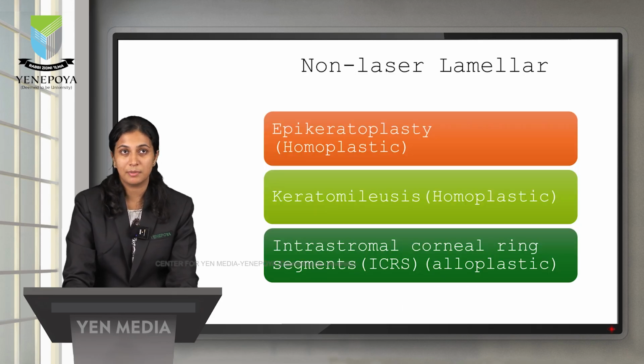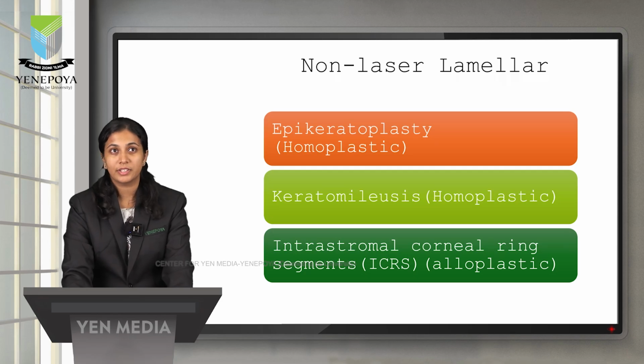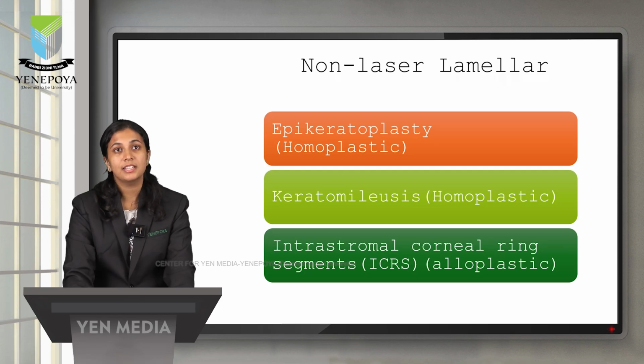Coming to non-laser lamellar, they are of three types: epikeratoplasty, keratomileusis and intrastromal corneal ring segments. Now epikeratoplasty and keratomileusis are both obsolete procedures now. We only do intrastromal corneal ring segments now.